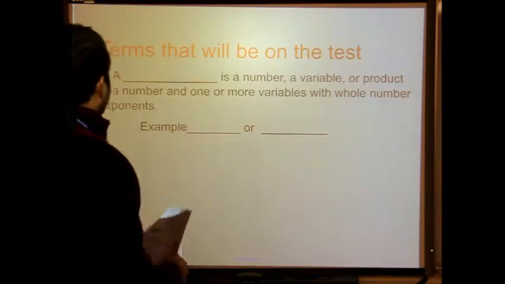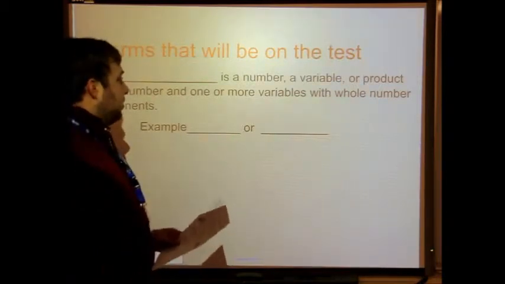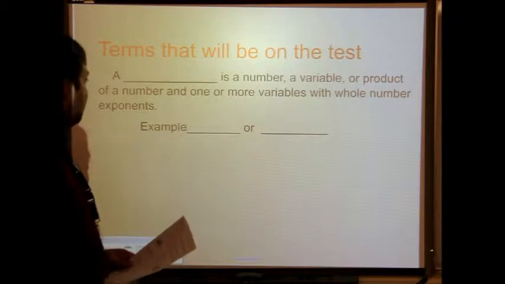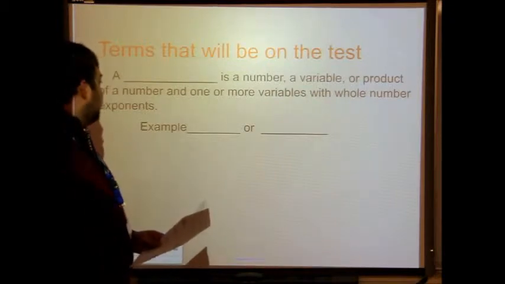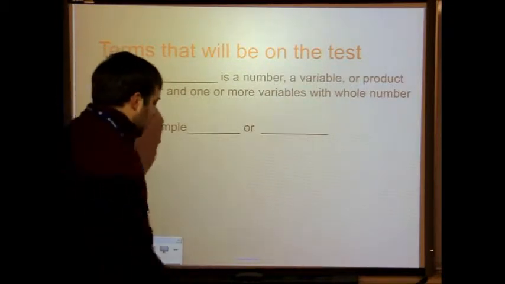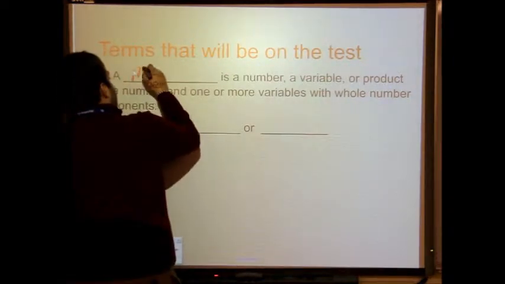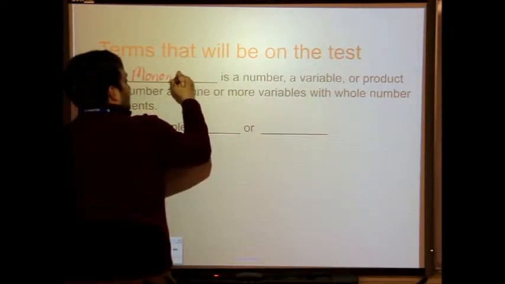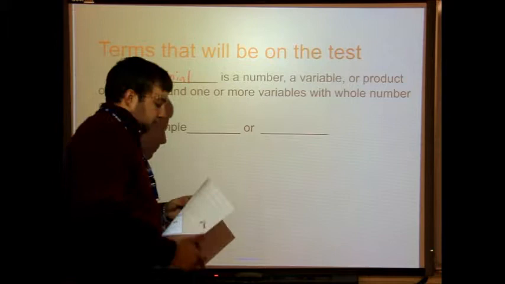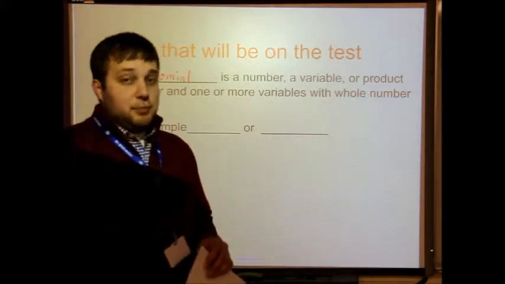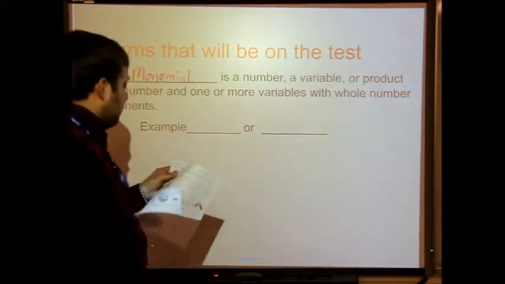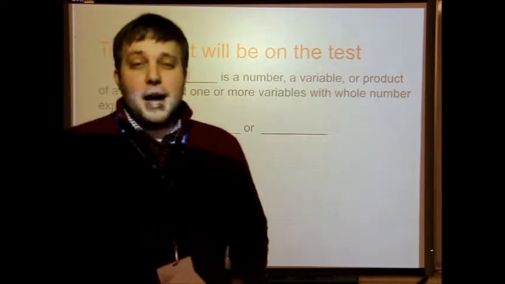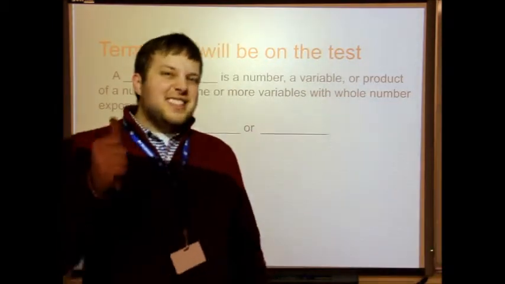First things first. A blank is a number, a variable or a product of a number and one or more variables with whole number exponents. That would be a monomial. And I think I spelled that wrong. Actually, no, I did. That's correct. Monomial. Mono means one, single.